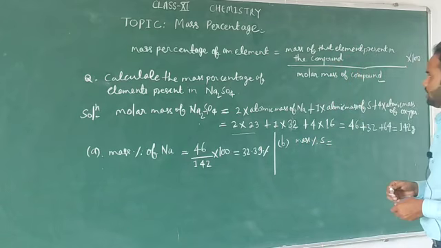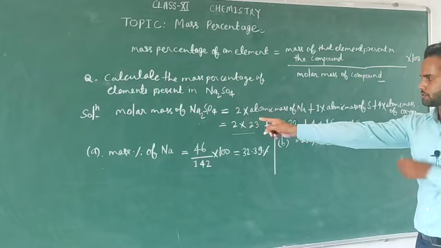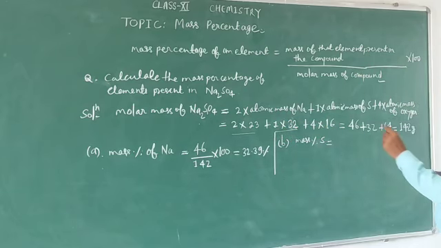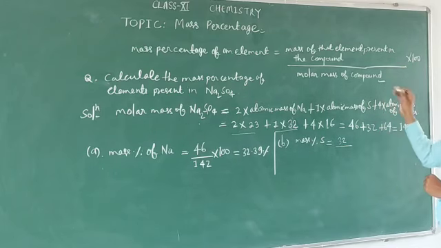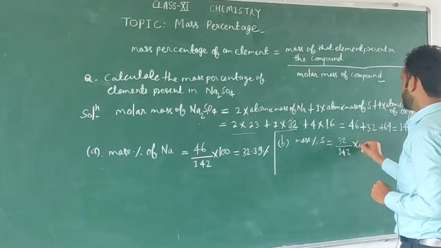Next one, the mass percentage of sulfur will be, as given in the formula, the mass of that element present in the compound. The mass of sulfur present in Na2SO4 is 1 times 32. So it will be 32 divided by the molar mass of the compound, 142, times 100.